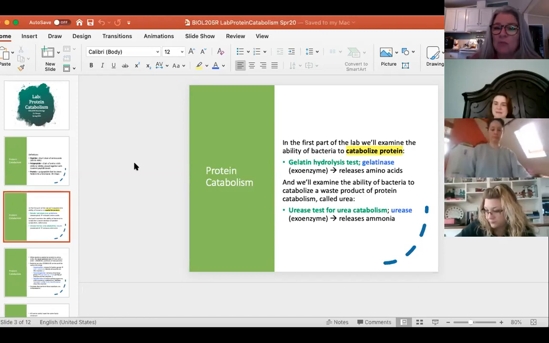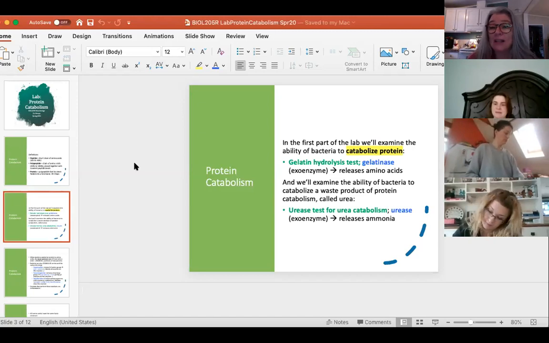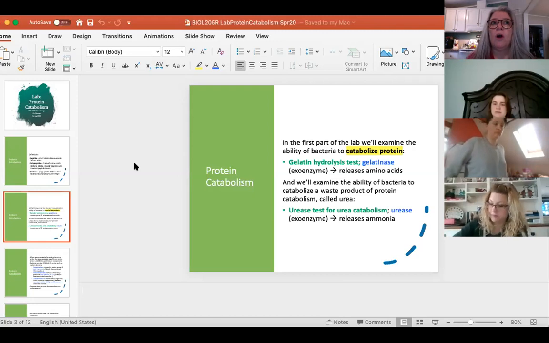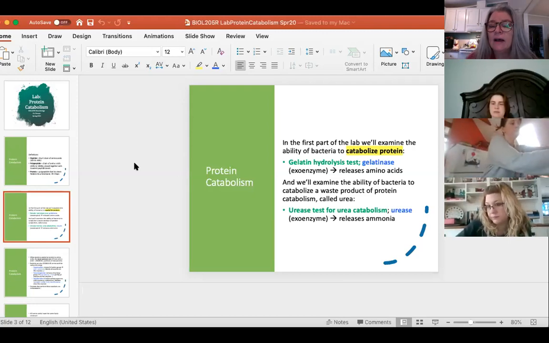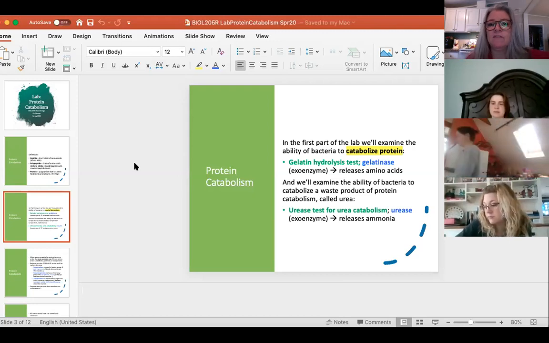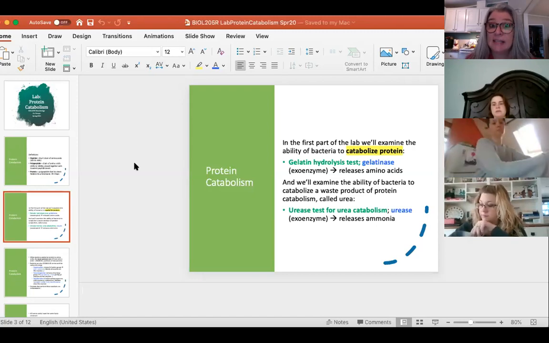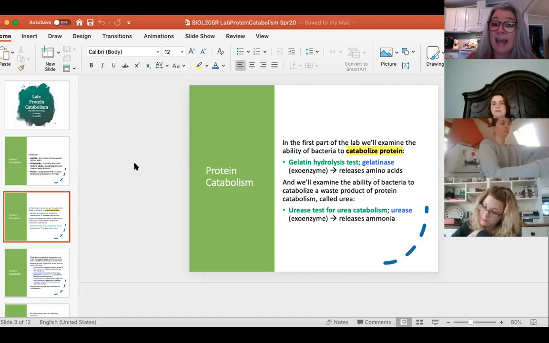When I talk about a protein as being low quality, what I mean is it doesn't have a very wide array of amino acids in it. A high quality protein, something like cow's milk or egg, has a vast array of amino acids in it. If you think about it, cow's milk is intended to nourish a calf.